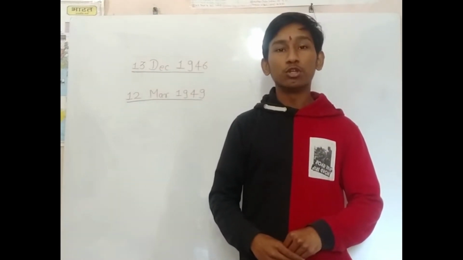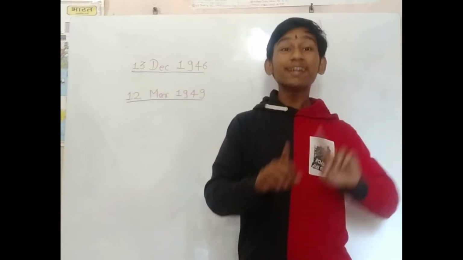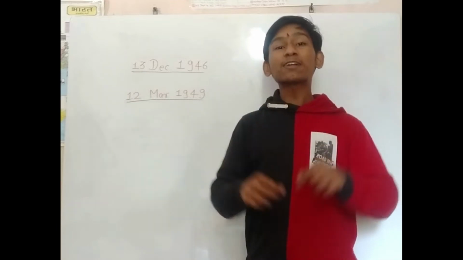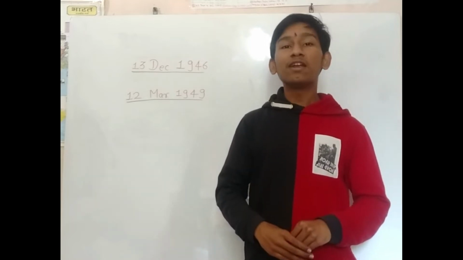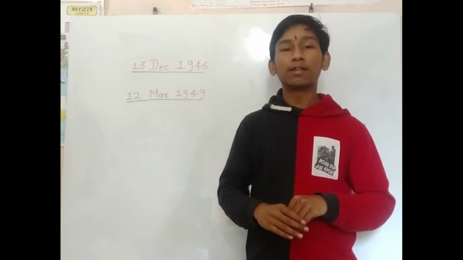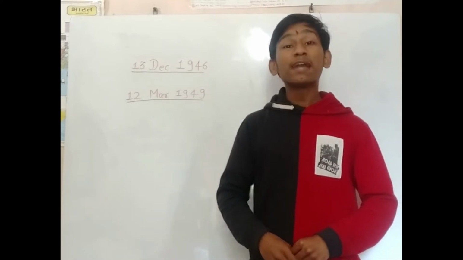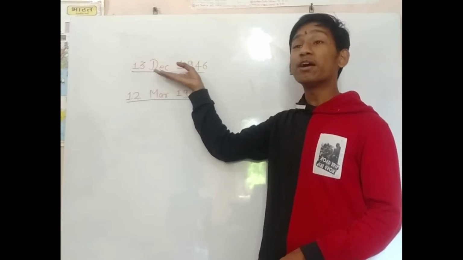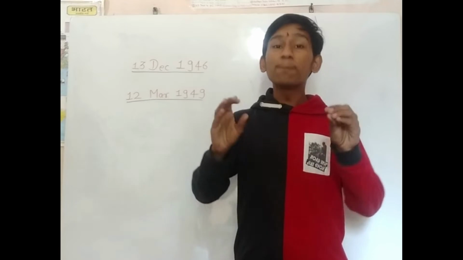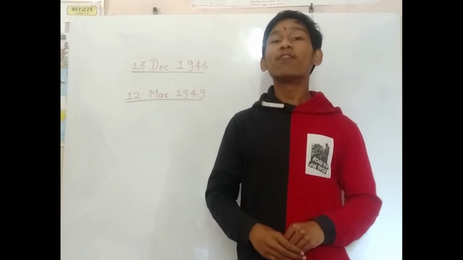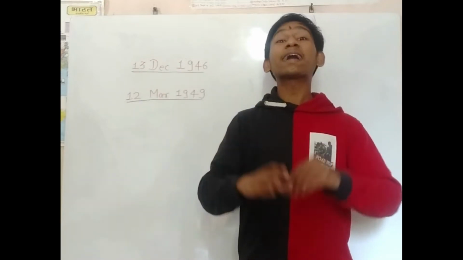The tradition of introducing a preamble for a constitution started in America, and with respect to that, in India, on 12 March 1949 the preamble of the Indian Constitution was accepted, which was nothing but the objective resolution introduced by Pandit Jawaharlal Nehru on 13 December 1946. Now these two dates are difficult to keep in mind, so we have a trick. On 13 December 2001, the Parliament attack took place.